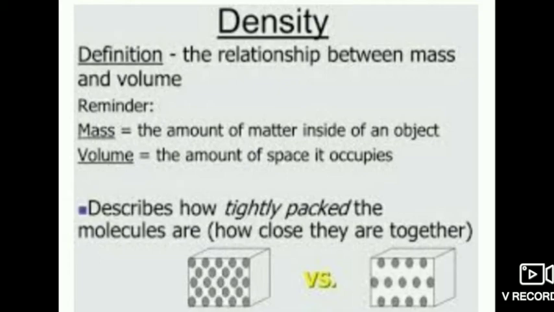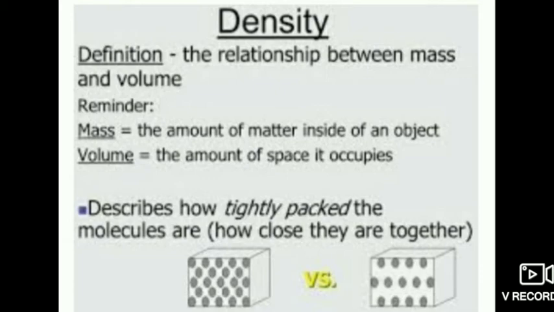Okay, so this is your definition of density, and the formula is mass of the substance upon the volume of the substance. And one more important thing, it is a scalar quantity. Now, to derive the unit of density, the SI unit of mass is kg and the SI unit of volume is meter cube.